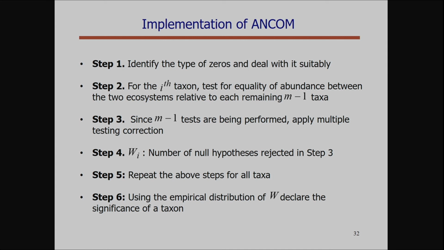Because for every taxon, I'm looking at the log ratio of that particular taxon to the other taxa. So there are m-1 taxa, so there are m-1 tests I'll be performing. Once I've done that, each test will give me a W, and because I'm doing multiple testing here, I control using the Benjamini-Hochberg procedure. But I agree, if you ask me, the Benjamini-Hochberg procedure is designed for independent p-values, and the p-values are not independent here, but I just go ahead and do it.